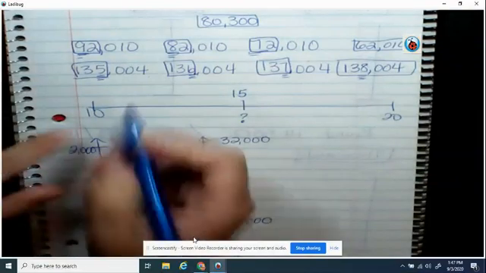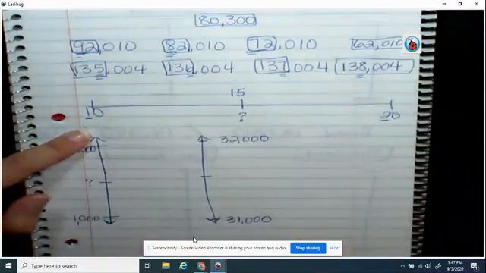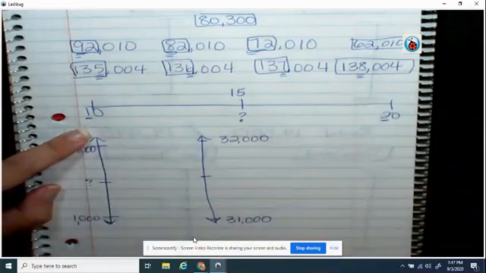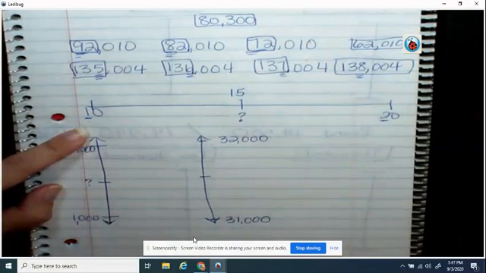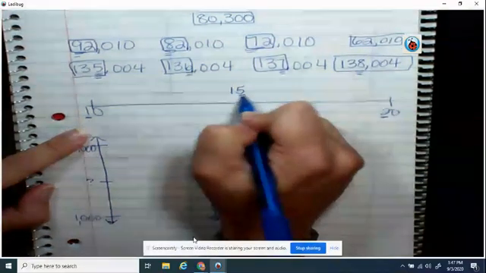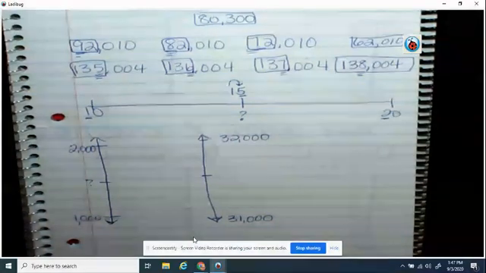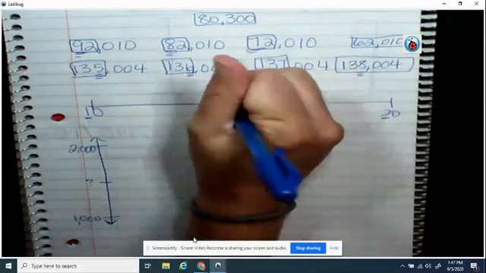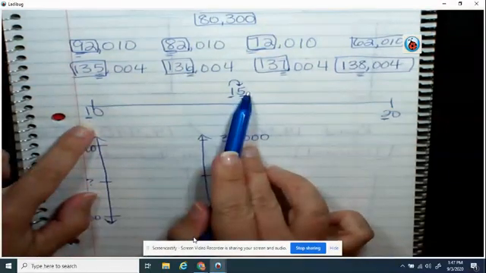All right, and if we think about it, whenever we have two place values like this that are right next to each other, like 1 and 2 in the tens place, always right in the middle there's going to be a 5 in the place value right next door to the place value that's changing. So in the tens place, if that's a 1, there's going to be a 5 right next door, right at the middle point.